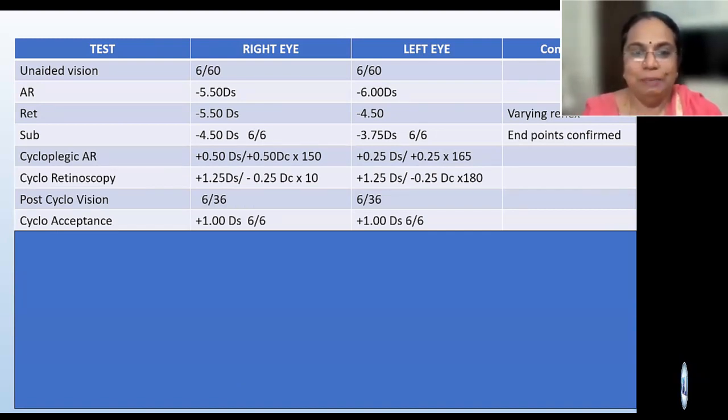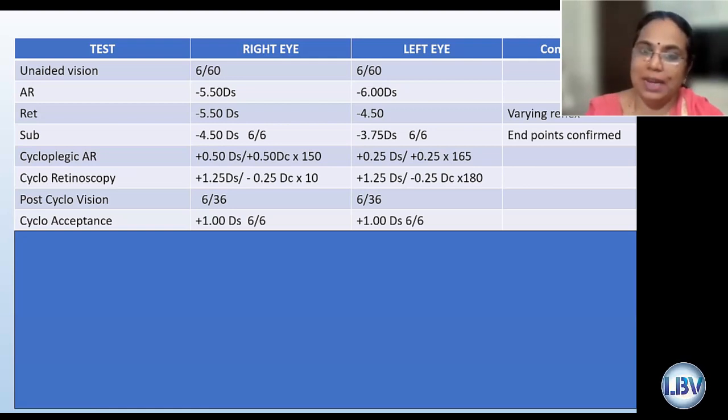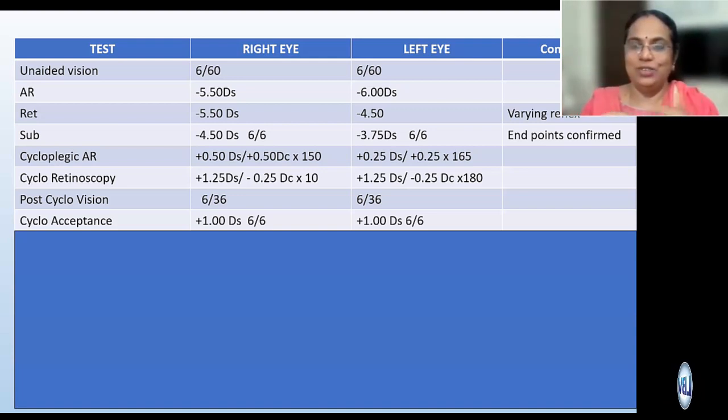Okay. It went all the way to plus 0.5 with a little cylinder in both eyes with the AR, but retinoscopy showed plus 1.25 with minus 0.25. So can you notice that there is a difference in the AR post-cycloplegic and the retinoscopy post-cycloplegic? Now that itself is another indication that accommodation is really not being controlled at all.